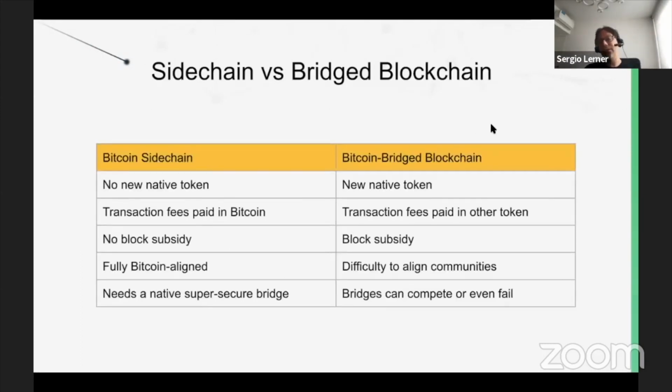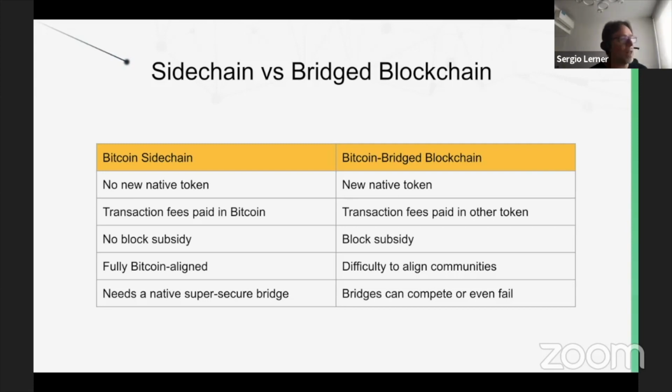So the main differences between a sidechain and a general Bitcoin bridge blockchain would be obviously that you don't have a native token, so you have to use Bitcoin. All transaction fees are paid in Bitcoin and not in this other token. There is no block subsidy.